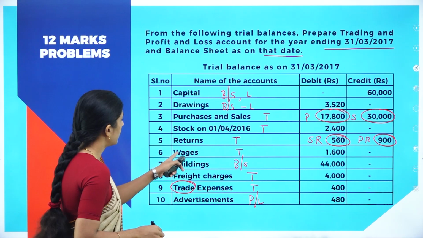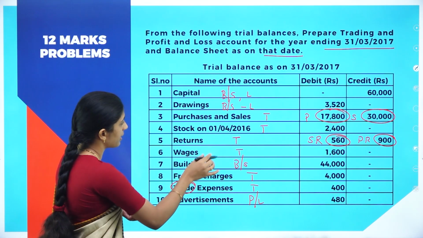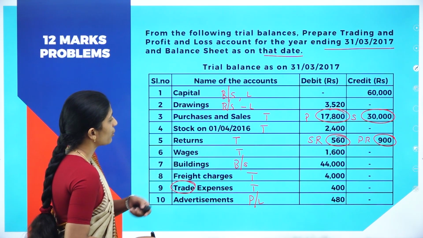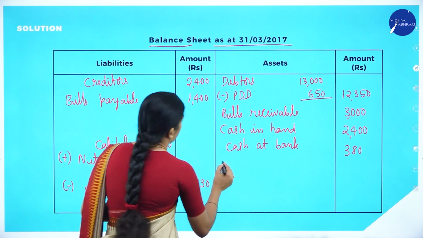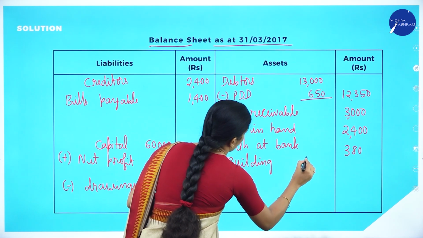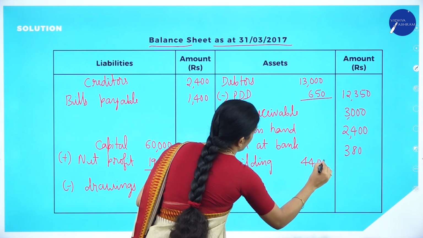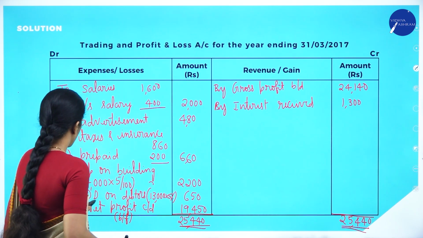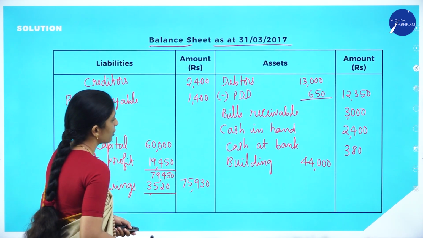We are left out with a building because it is a non-current asset. We shall record it later. So non-current asset building 44,000, because we have depreciation. Depreciation how much? Depreciation on building 2,200.